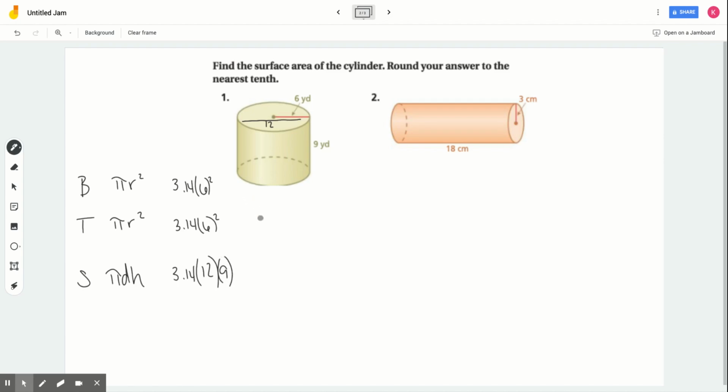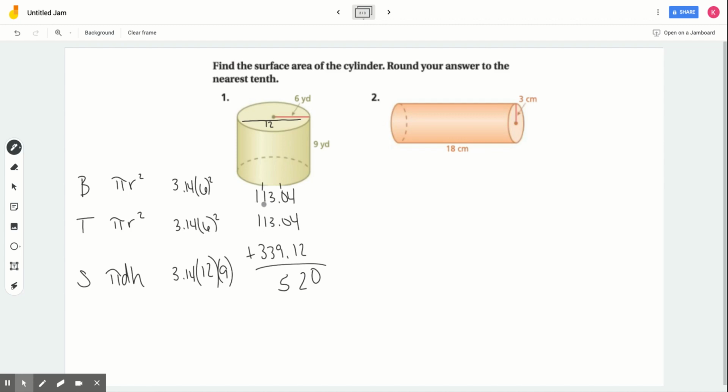Once we multiply these, you should end up with 113.04 and 339.12. Now we're going to add these. 4, 4, and 2 is 10. Then we add a 1 here. 1 and 1 is 2. 3 and 3 is 6, plus 9 is 15.